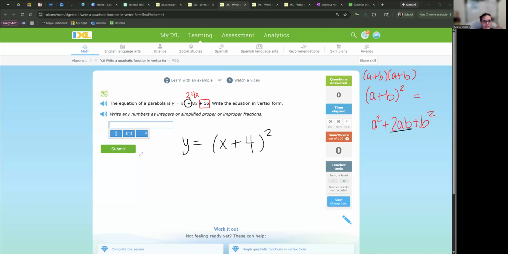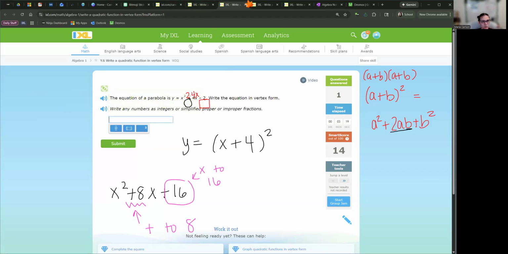And you could also look at this as factoring x squared plus 8x plus 16, where we're trying to find those numbers that multiply to 16 and add to 8. And 4 and 4, you multiply 4 times 4, you get 16. If you add 4 plus 4, you get 8. So this equation in vertex form would be y equals x plus 4 squared.